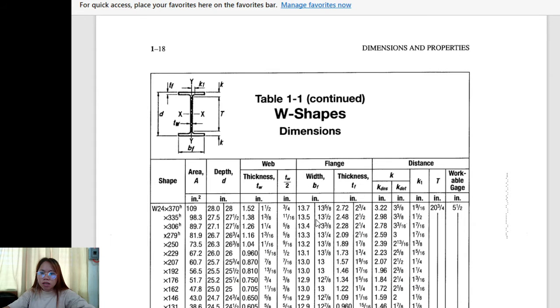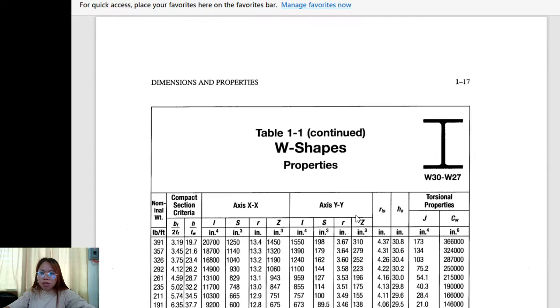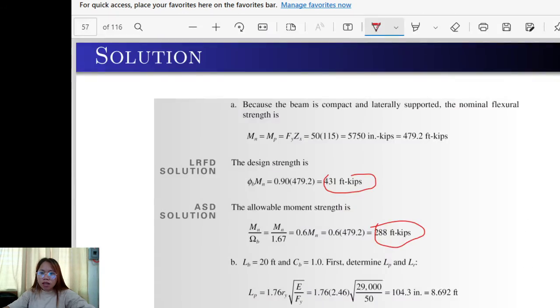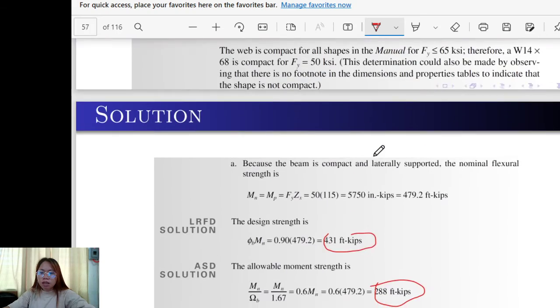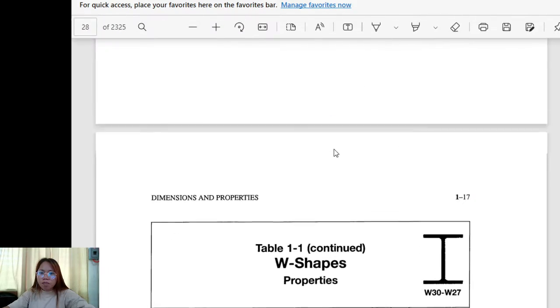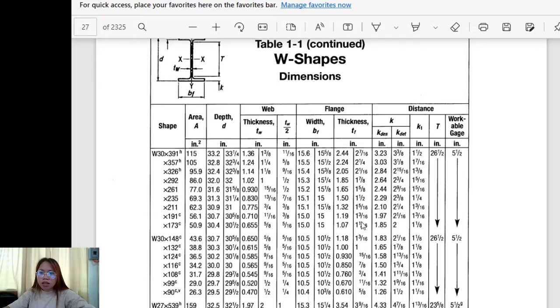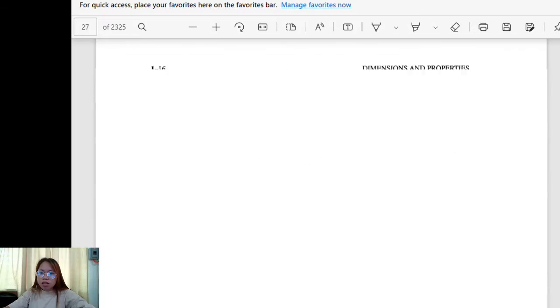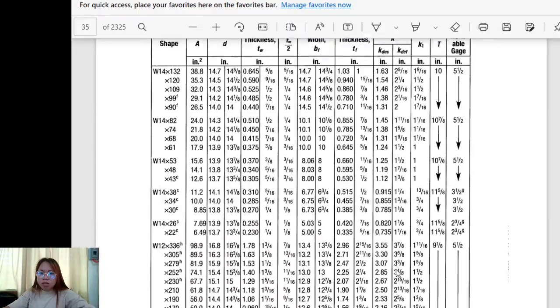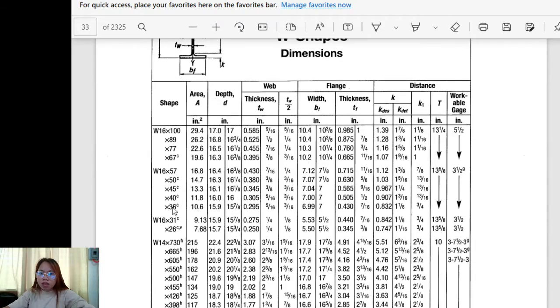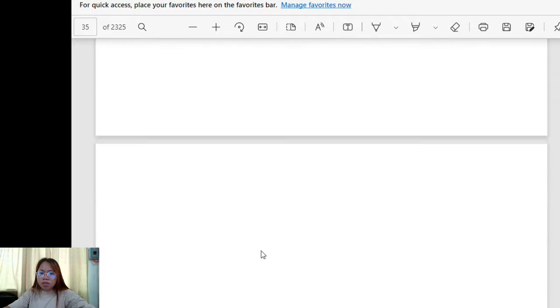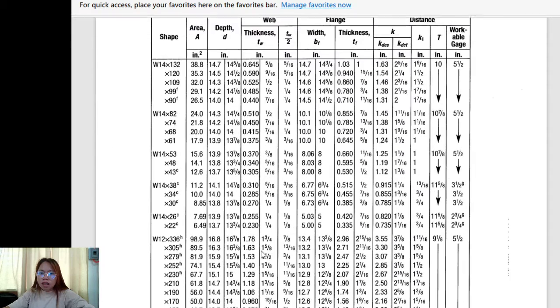So z sub x is, for example, for W14 by 68. We try to look for the Z in the table.